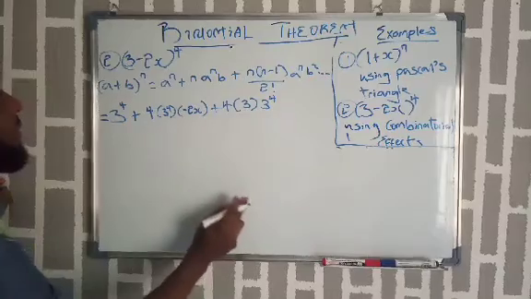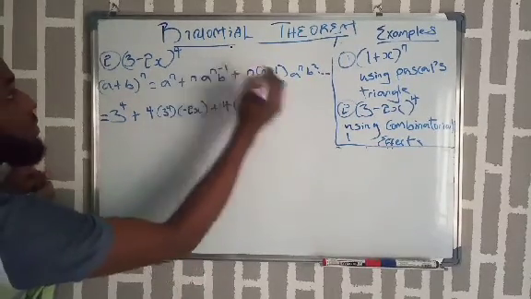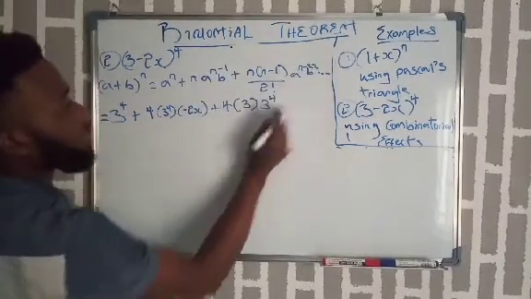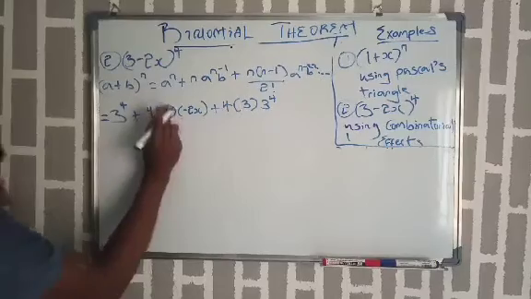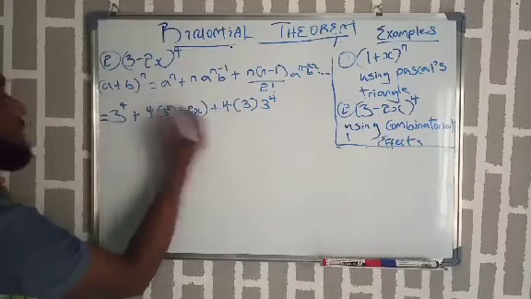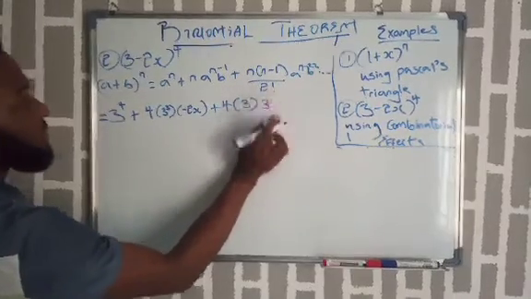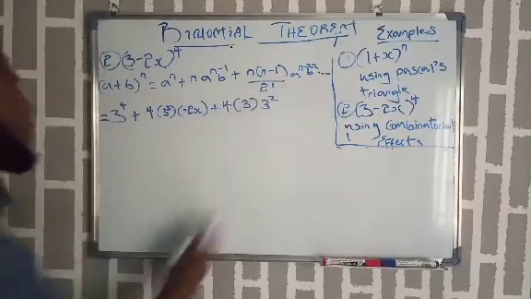This is n minus 1, this is n minus 2. So this should be 3 and this should be 2.